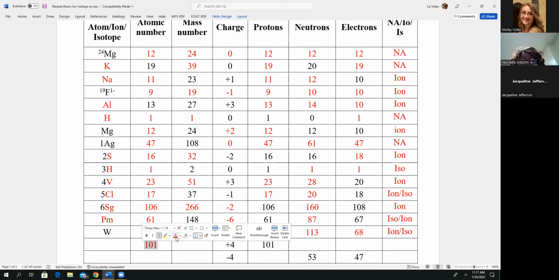Well, let's go look. Element 101 is mendelevium, MD. Oops, keep doing that. MD, no capital MD. There we go. So this is mendelevium, which we said was 101.